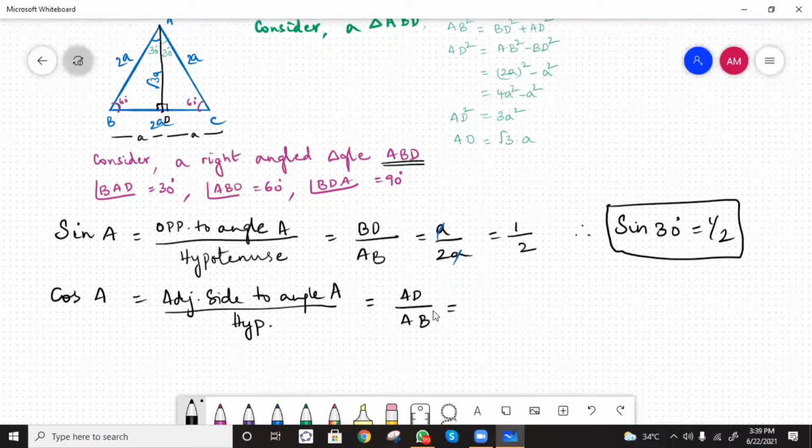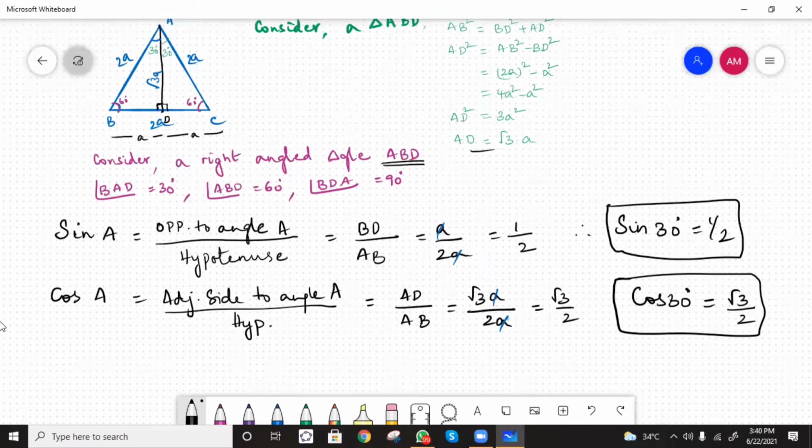What is AD? Root 3 A. So root 3 A divided by AB, which is 2A. A and A get cancelled. We get root 3 by 2. We are considering triangle ABD but not ABC. So cos 30 is equal to root 3 by 2.